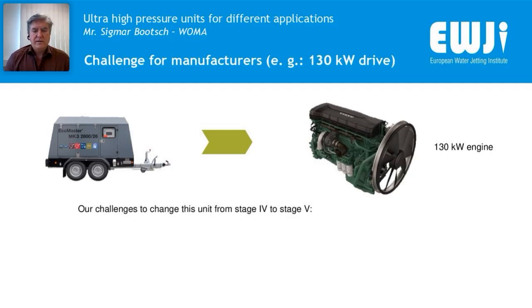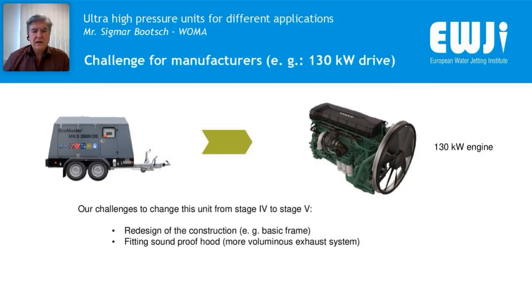Here are the main challenges to upgrade an existing stage 4 unit to a stage 5 unit with the same pressure flow rate combination. So we have to redesign the construction, for example, the basic frame, fitting of the soundproof hood.